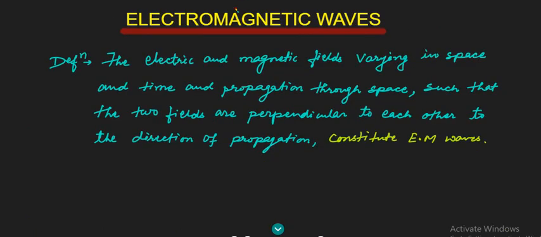Now, definition of electromagnetic waves. The electric and magnetic fields varying in space and time and propagating through space such that the two fields are perpendicular to each other and to the direction of propagation constitute EM waves.